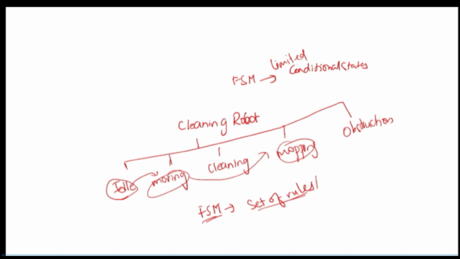As I told you in the starting itself, we use them in many protocols, many user interfaces, or, as in this example, when designing robotic systems. So in all these things we use finite state machines. They provide a structured and systematic approach for your design.